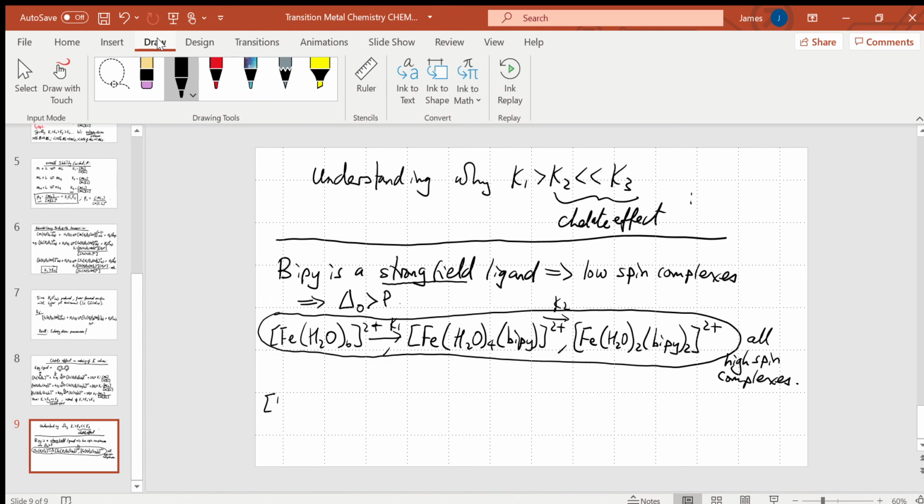However, the final product, where K3 was involved, is a low spin complex. This is a low spin complex.